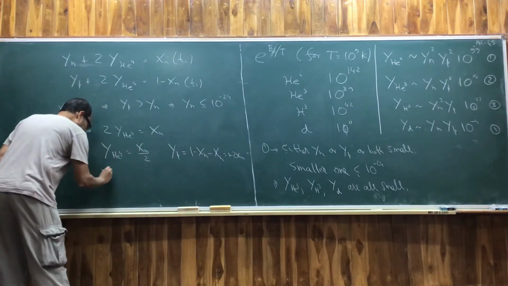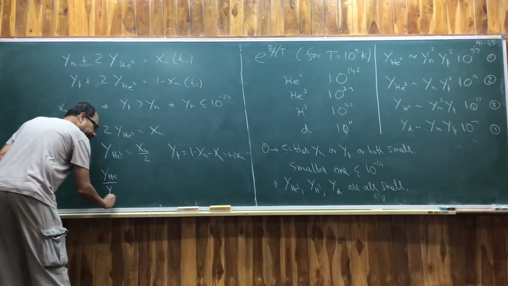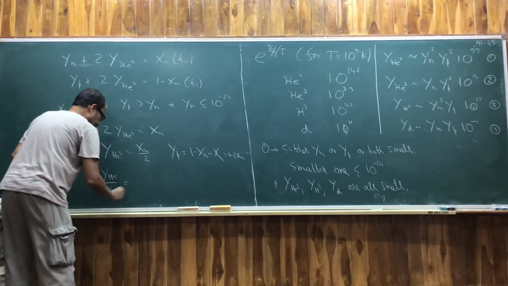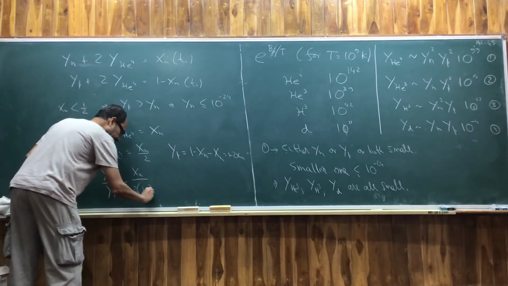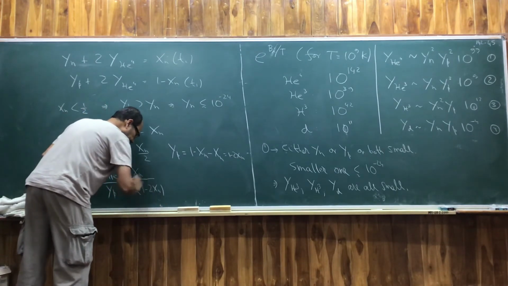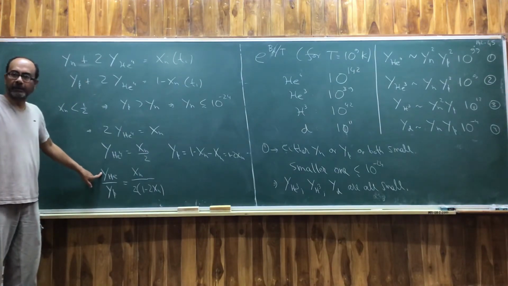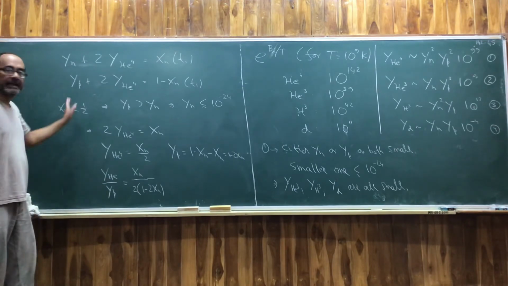Okay. So Y_He over Yp is Xn over 2 times 1 minus 2Xn. So this is the ratio of the number of helium nuclei to the number of protons. Okay. And nothing else is there.